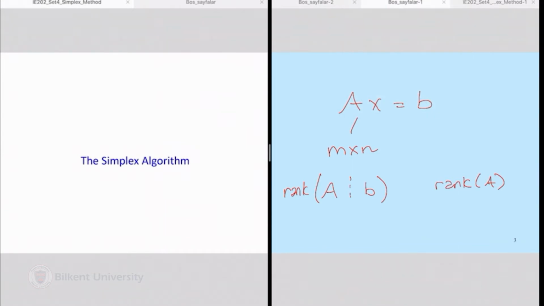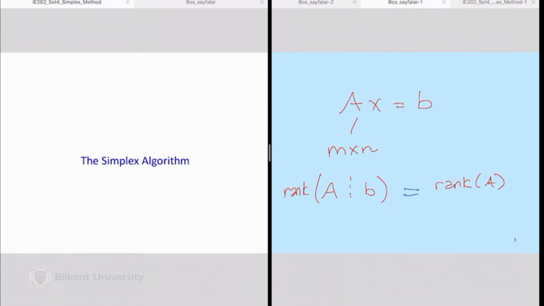What does the system of equations ask me to do? Does there exist a set of values in the x vector such that when I multiply the columns of A with these weights, I will be able to represent the b vector? So is b in the column space defined by the A matrix? This is true if I have exactly equality over here.